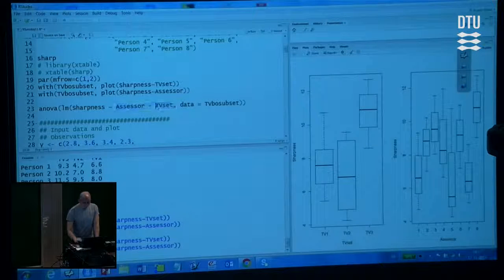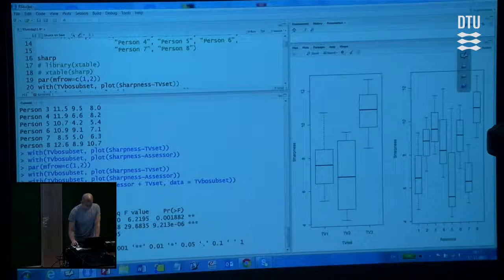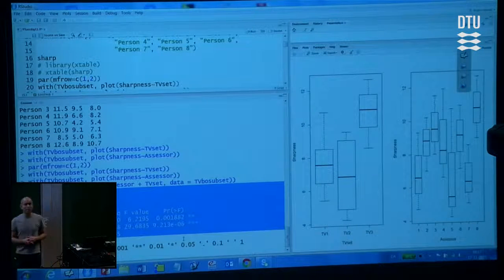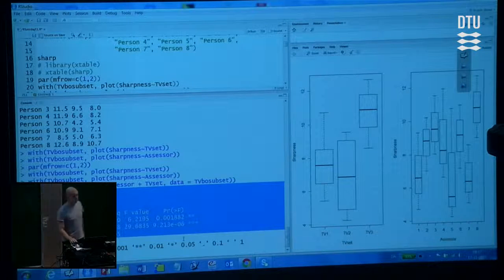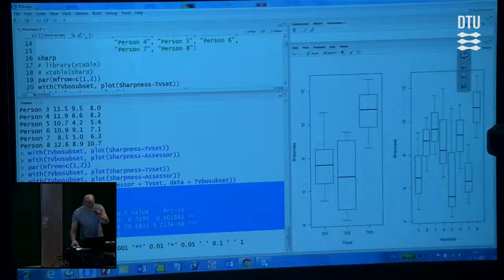Let's just have a look at the results. Here we go. Basically, it's the same type of Anova table as last time with one more row, right? Where we can read off, are the TV sets significantly different from each other here? That's the core question when you do such a test. You're interested in the TV sets.